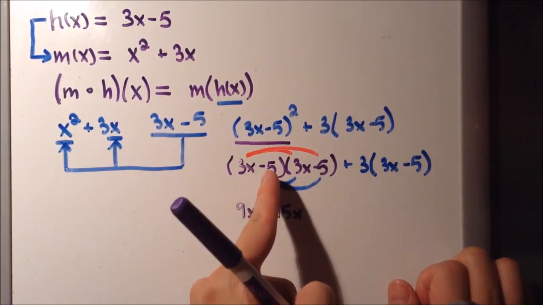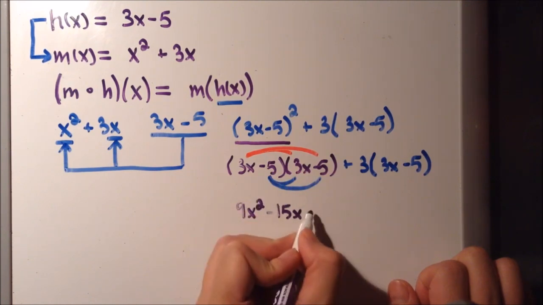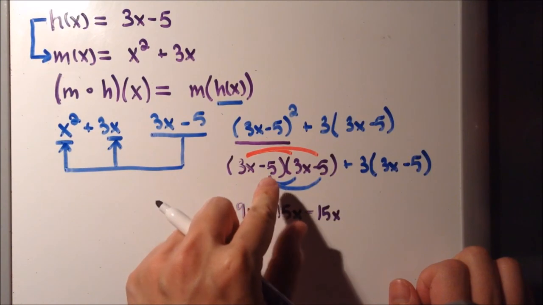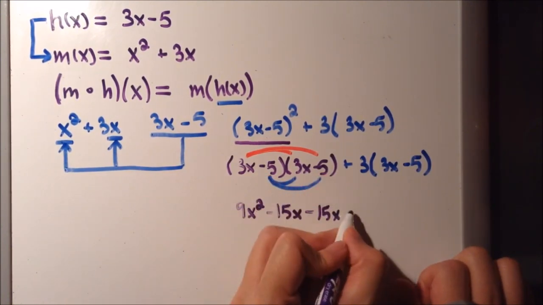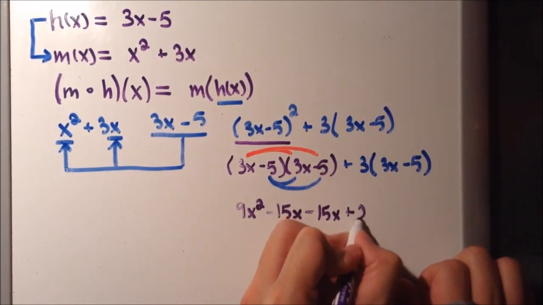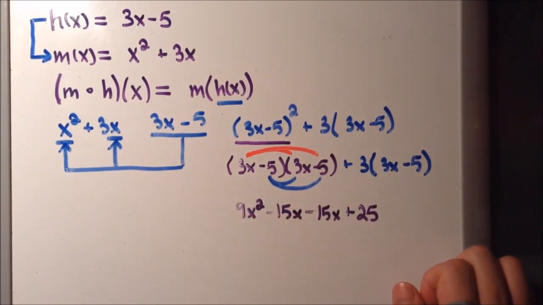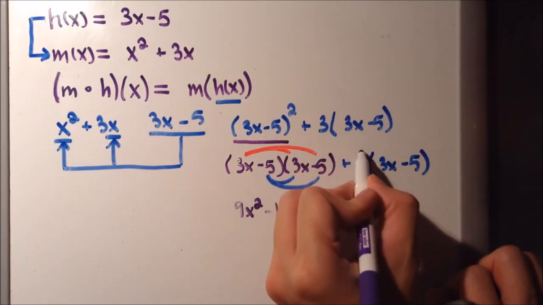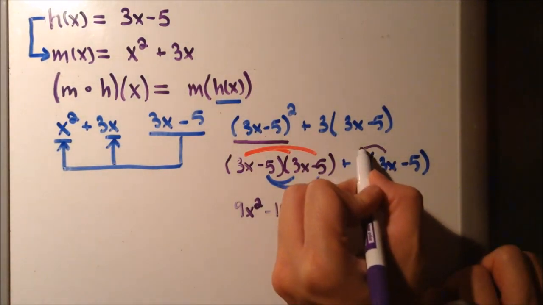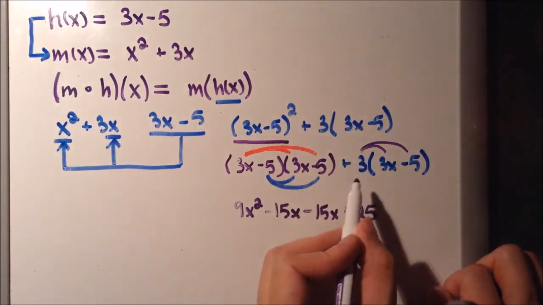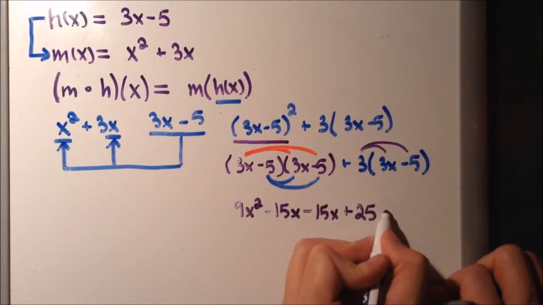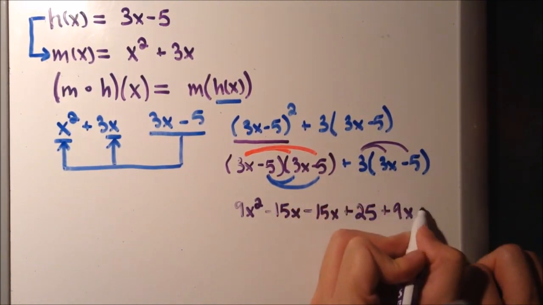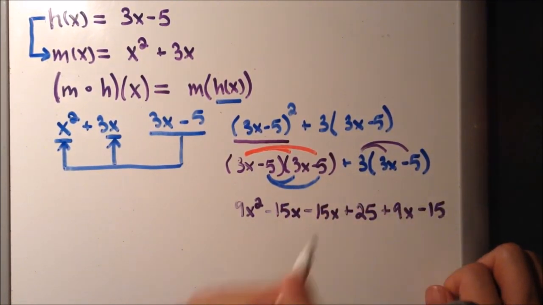Minus 5 times 3x is also minus 15x. And minus 5 times minus 5 is plus 25. Now for this one, we distribute the 3. The 3 goes to the 3x, which is 9x, and the 3 goes to the minus 5, which is minus 15.